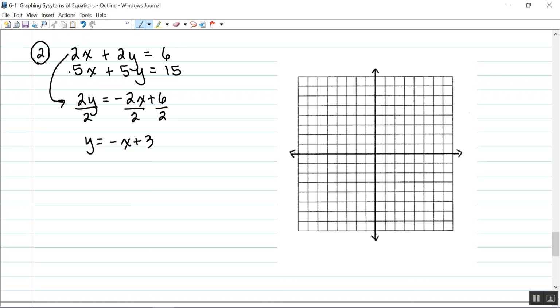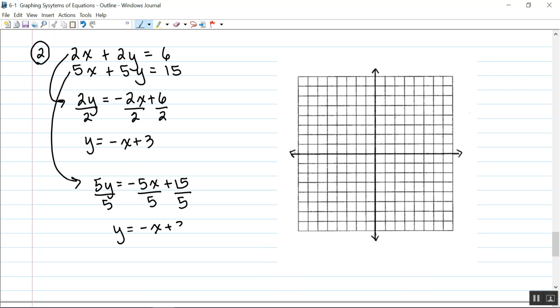And then let's do the same with our second line here, subtracting 5x on each side, and then dividing by 5. I have y equals negative x plus 3. And you will notice that our two lines are exactly the same.